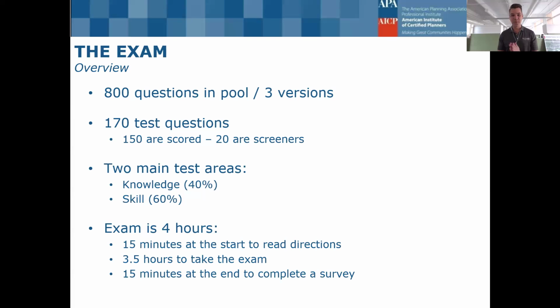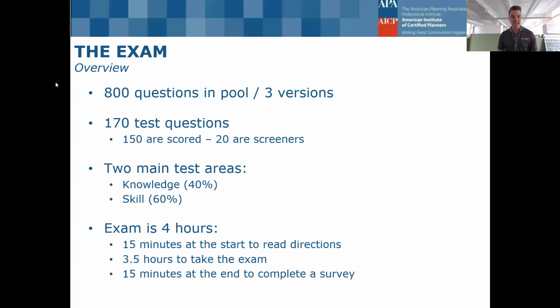All right, cool. So let's move on to the exam for a little bit. I'm going to talk about the exam and then we're going to talk about taking the exam. First thing is the exam. At any given time when you're registered to take it, there are 3 versions. There's a pool of 800 total questions between these 3 versions, and when you push the start button, they're randomly assigned to your computer.